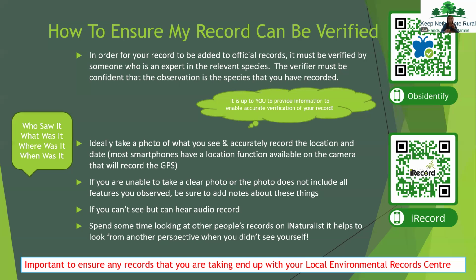If you can't see all of the features that you're looking for in a photo, then you can add some notes in the comments. Of course, if you can get a photo that shows the clear features, that's going to be the quickest and the easiest way for the verifier to understand what you've seen.